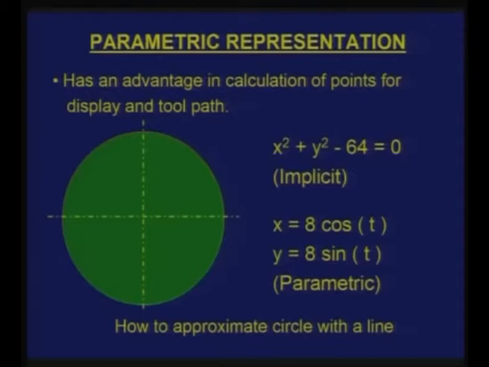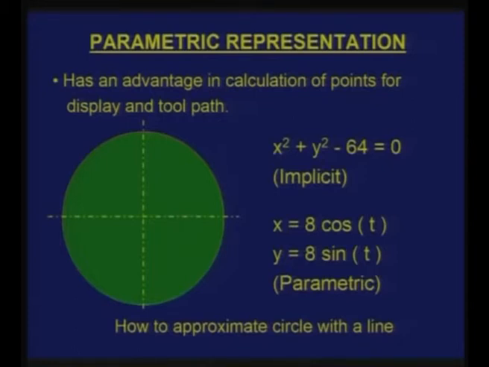Here is a circle which is shown, and you have an implicit representation for this circle. The radius of the circle is given as 8 units, the center of the circle is 0 0, which is shown here. Now, you have both implicit representation and explicit representation.